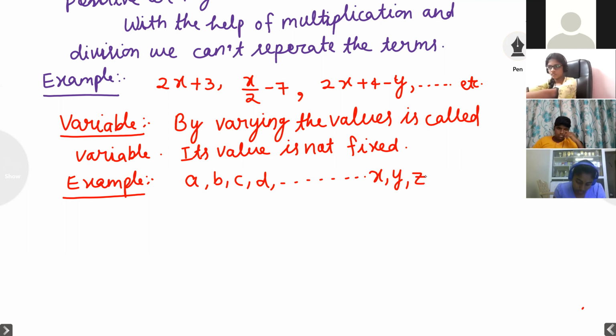Always keep in mind, students, in algebra we always use small letters, not capital letters A, B, C, D, X, Y, Z.